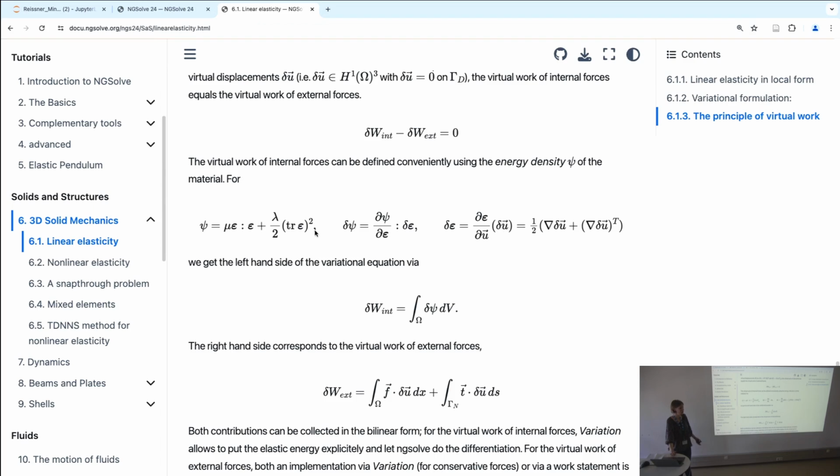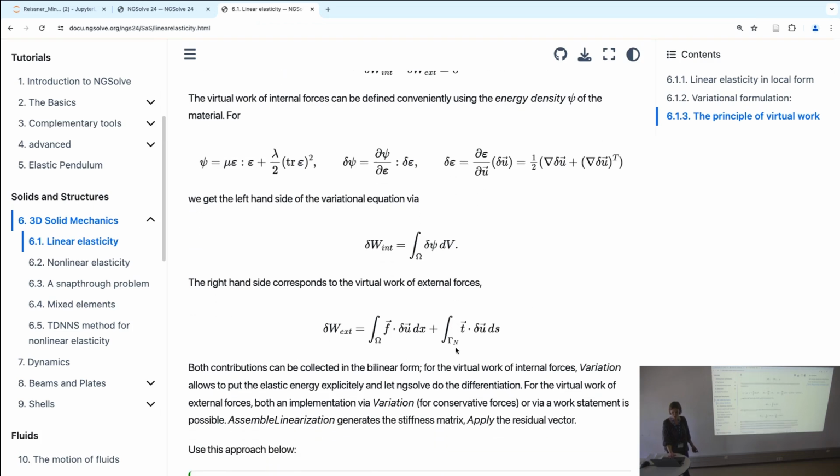For the free energy, we may have an expression like this here. So that's the expression valid for the linear elasticity case of Hooke's law. We have an energy that's a convex function of the strain epsilon. We can put its variation here, derived by the strain multiplied by the virtual strain, where the virtual strain is simply the linearization of the strain in direction of the virtual displacement.